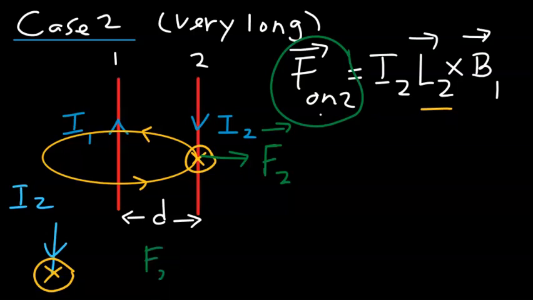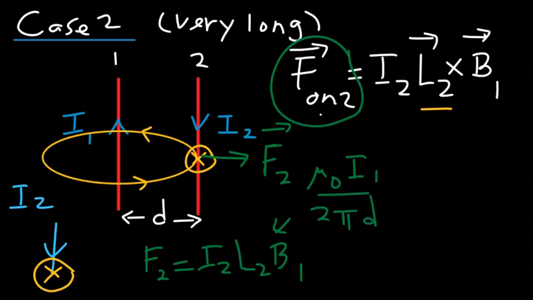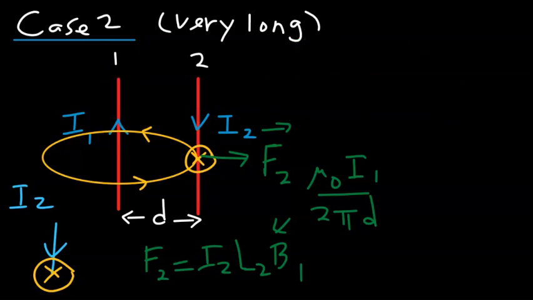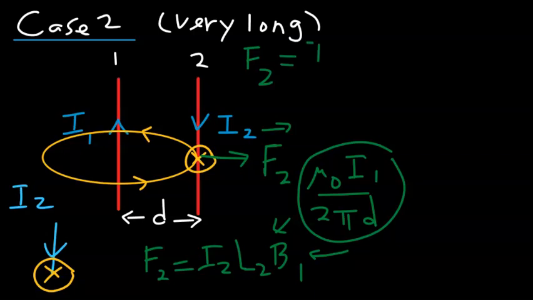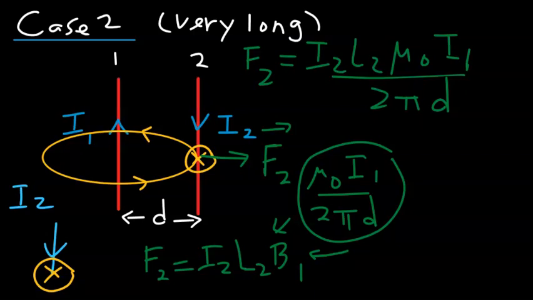The magnitude of magnetic force on conductor 2 is given by I2 L2 B1. But we already know what B1 is. It is mu naught I1 over 2 pi d, namely the magnetic field created by current I1. Substituting B1 into this expression, we get F2 to be I2 L2 mu naught I1 over 2 pi d.